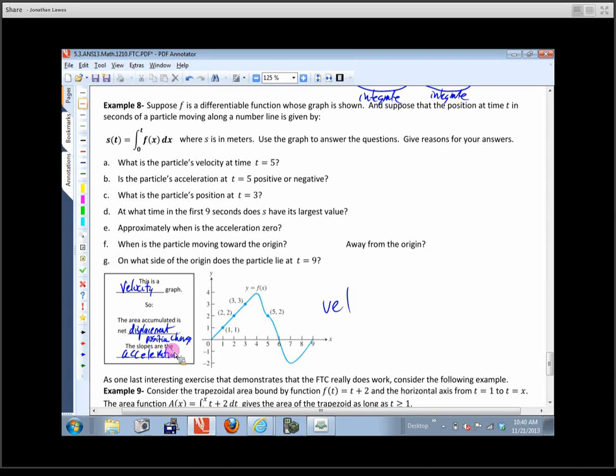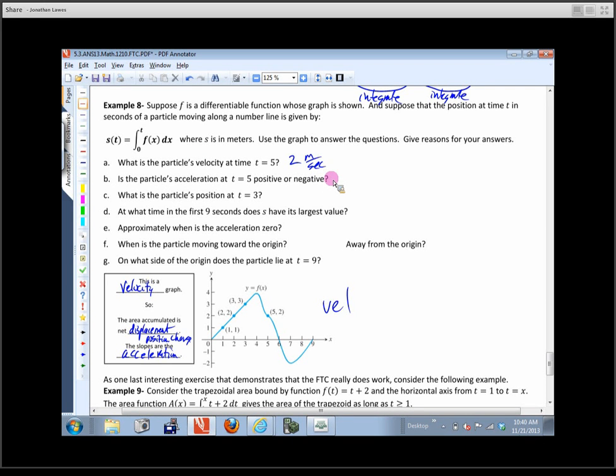Okay? All right. So this says, what is the particle's velocity at t equals 5? Well, little f is the velocity function, so we're going to look at 5, and its velocity would be 2. And since this is in meters, and this I believe is in seconds, we'd probably say meters per second.